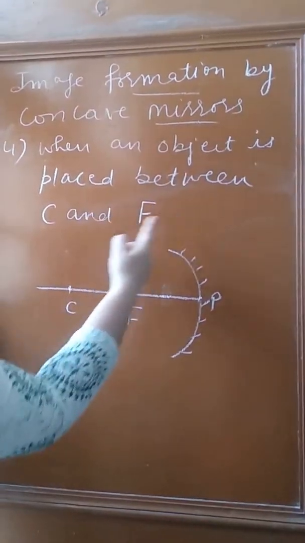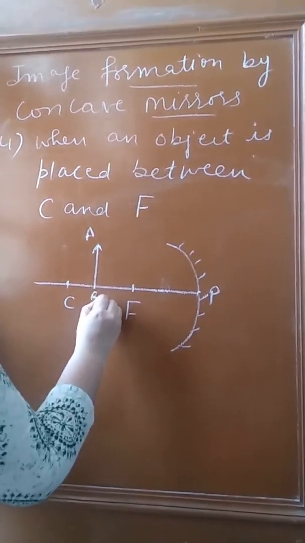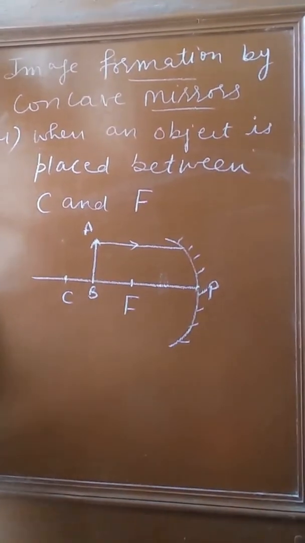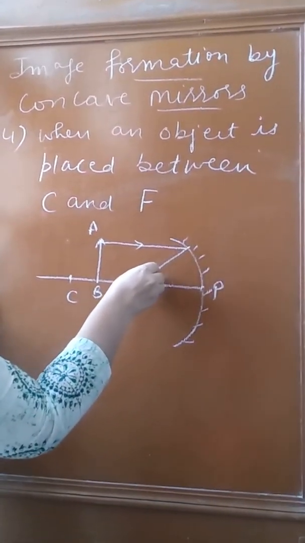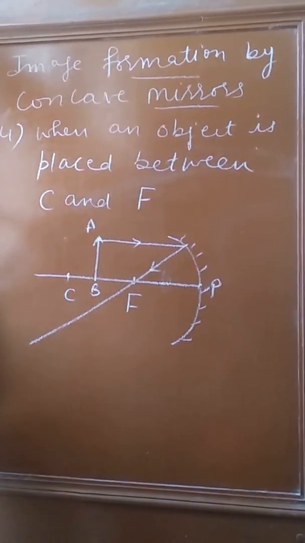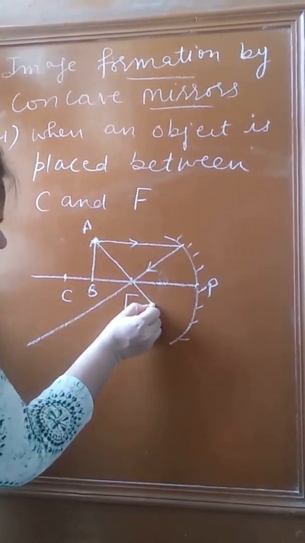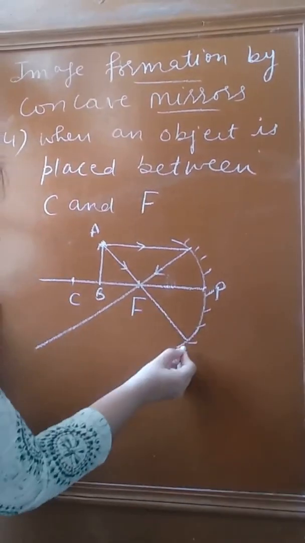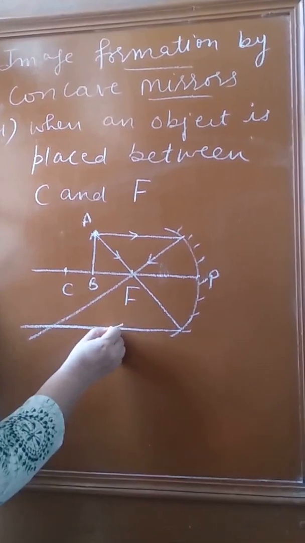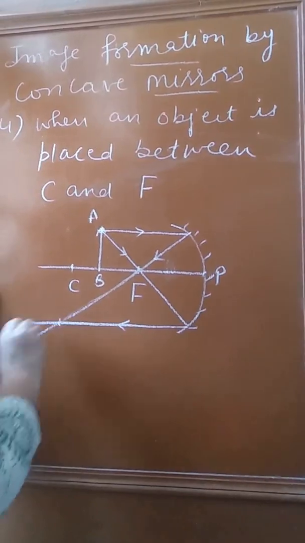Now when the object AB is placed between C and F, the first ray from the object is incident on the mirror parallel to principal axis. After reflection, it passes through the focus. Second ray through the focus, after reflection, it goes parallel to principal axis and meets the other reflected ray at this point.